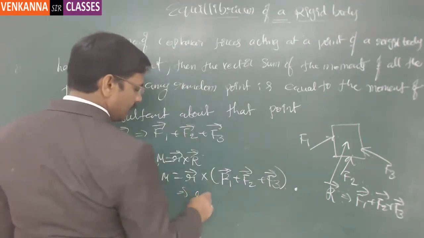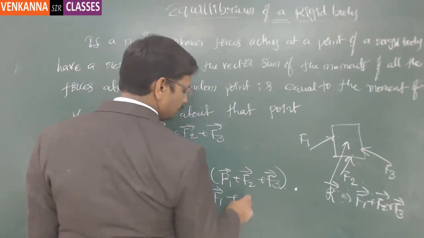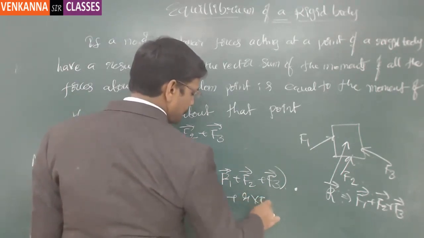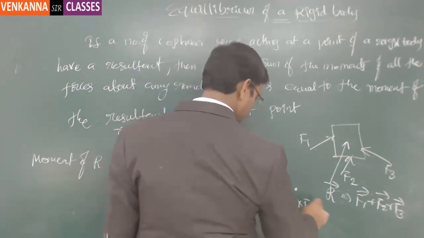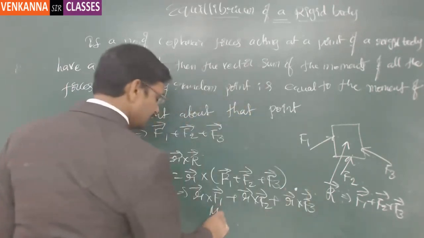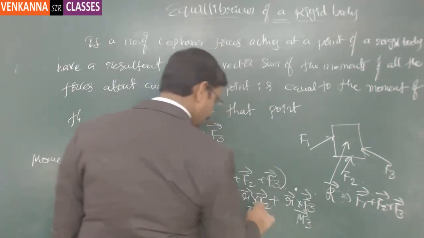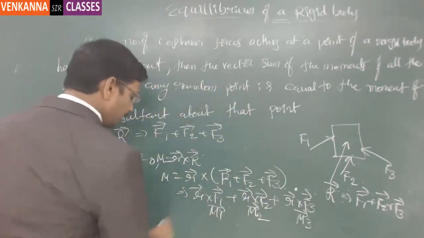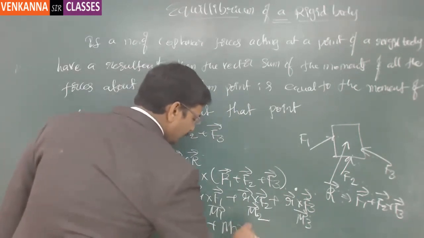So this is r cross F1 plus r cross F2 plus r cross F3. Now if you notice, these are M1, M2 and M3, and all three are vectors. So M is equal to M1 plus M2 plus M3.